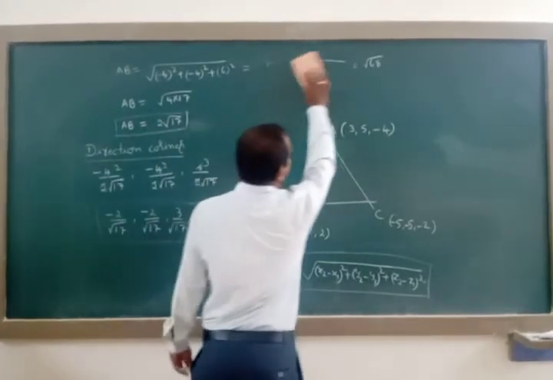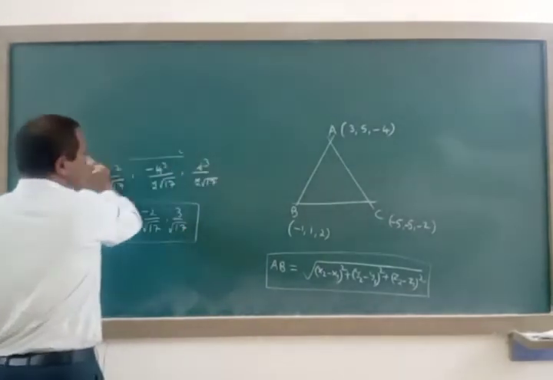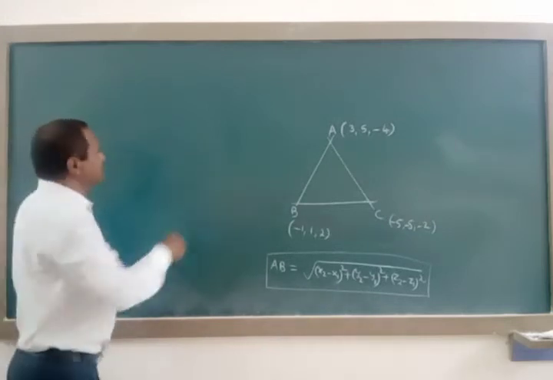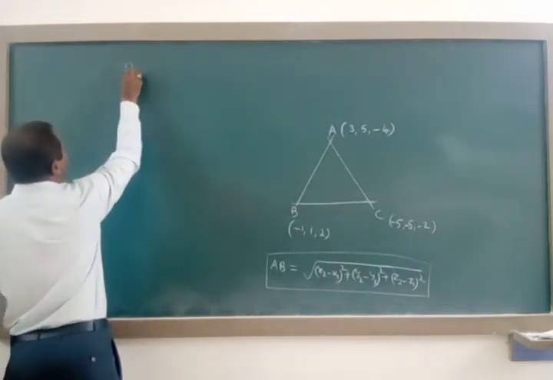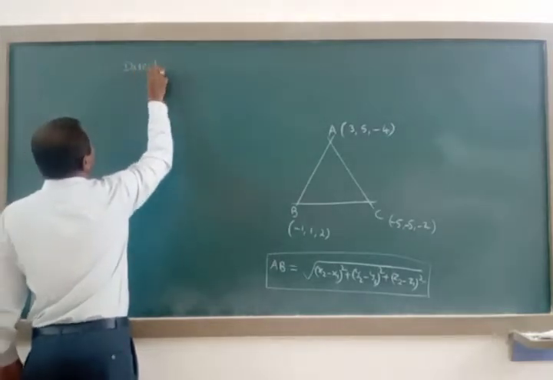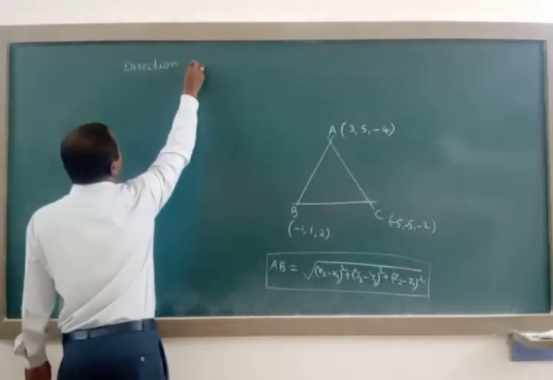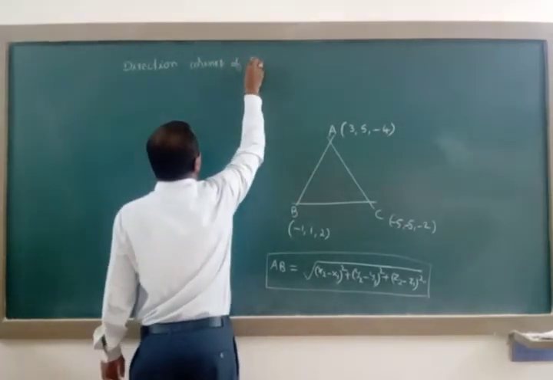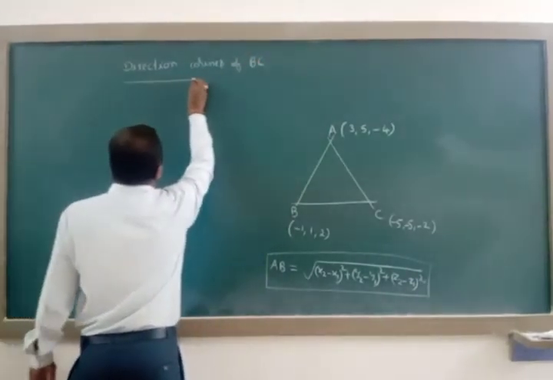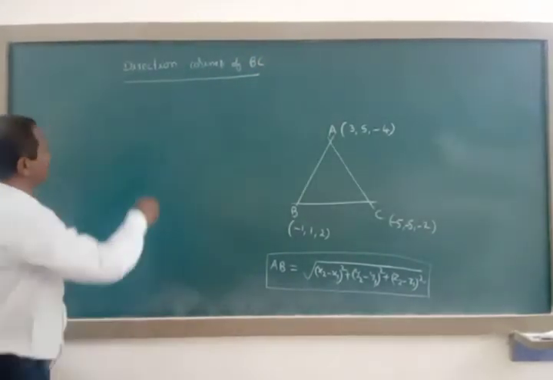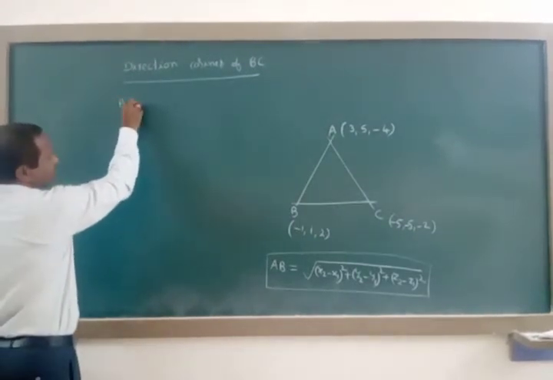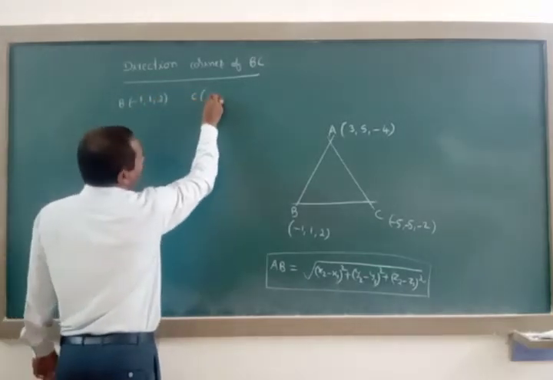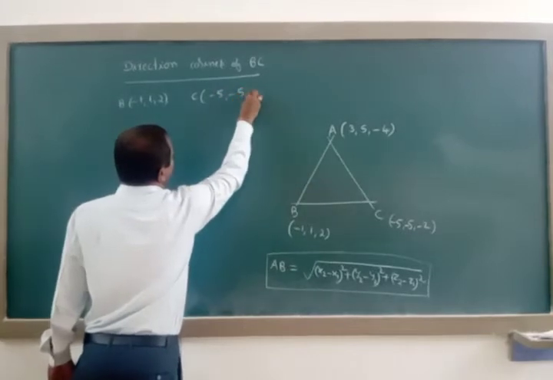B is (minus 1, 1, 2) and C is (minus 5, 1, minus 2).